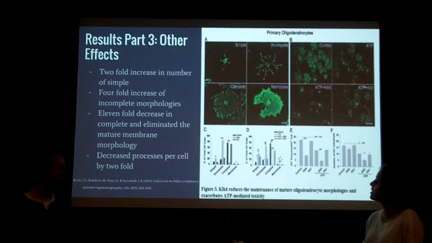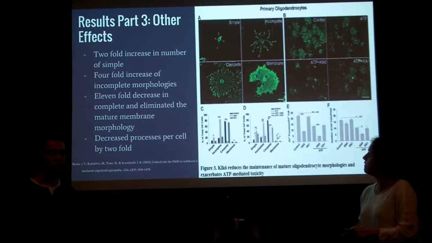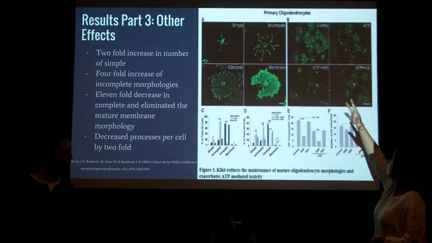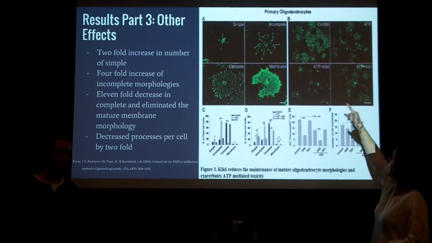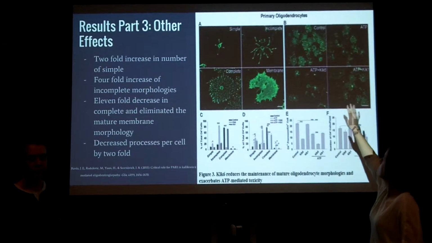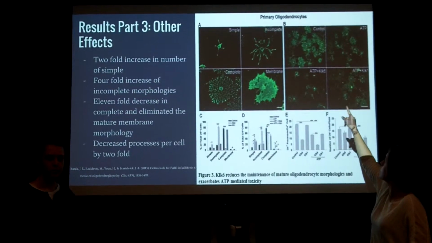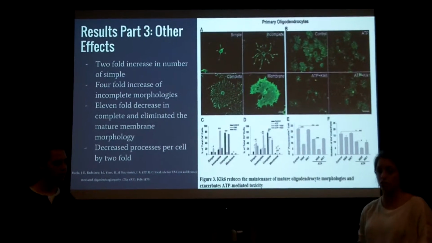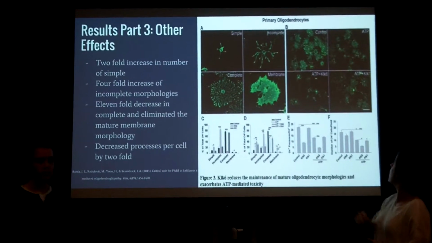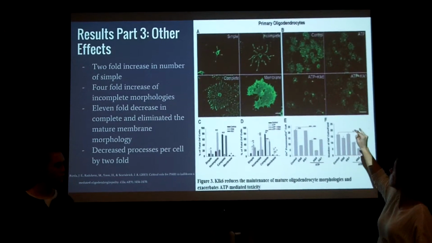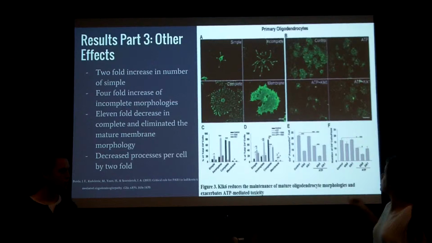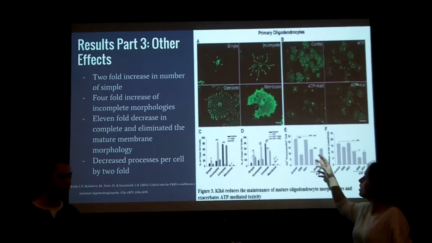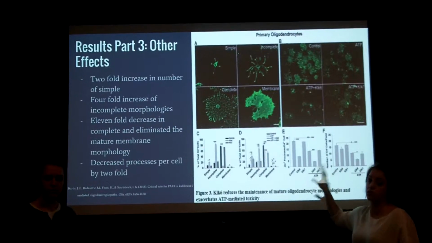And so they wanted to test how Kallikrein 6 affected the types of morphologies produced. And you can see in figure B, the top left, this is the control, so you see a little bit of everything. You see mostly membranous and complete, and you don't really see incomplete or simple because all of the oligodendrocytes are differentiated. And then you can see as ATP and Kallikrein 6 are joined in the serum that they were growing the cells in, there's a great decrease in the number of oligodendrocyte processes overall.